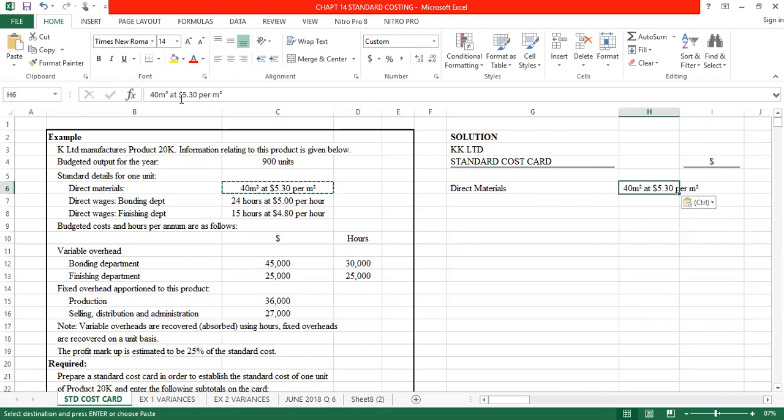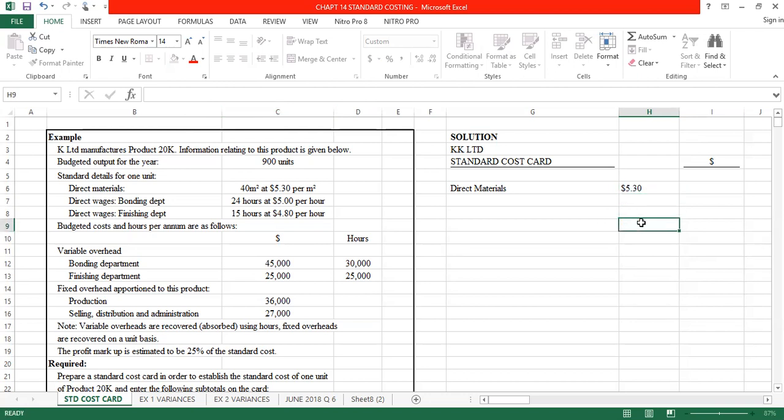I can just take 40 times, of course, you know that is 5.3 per meter. So 40 times 5.3, what do we have? 212. That is direct materials. So direct materials is 212.